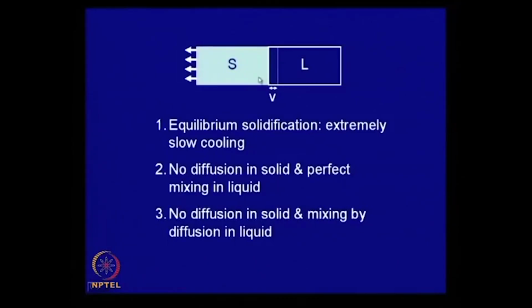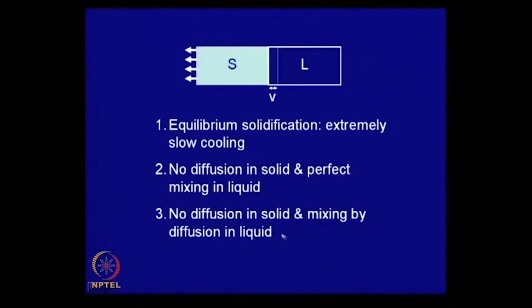In case 1, we assume unlimited diffusion, that diffusion is very fast. Either we cool it slowly, or we assume that the movement of atoms in the solid is also very fast, so you reach equilibrium through and through as you cool. In the second case, we assume that the movement of atoms in the solid is very slow and there is no diffusion taking place, but still there is perfect mixing in the liquid.